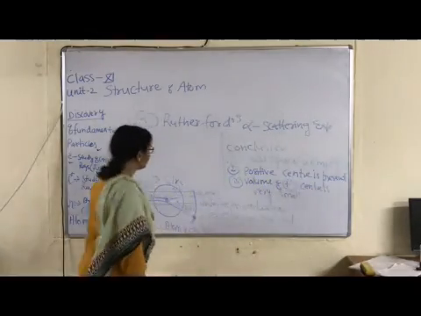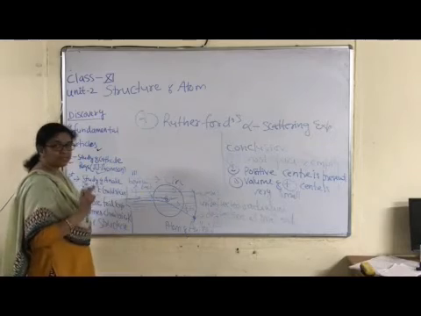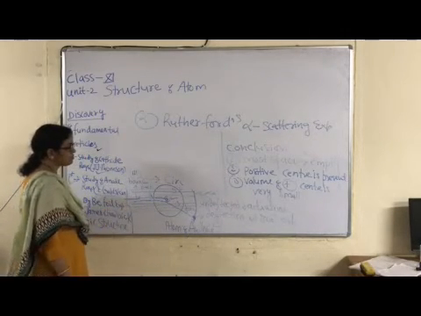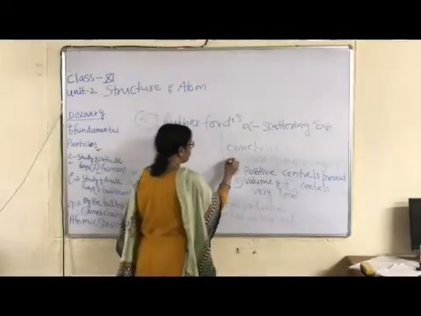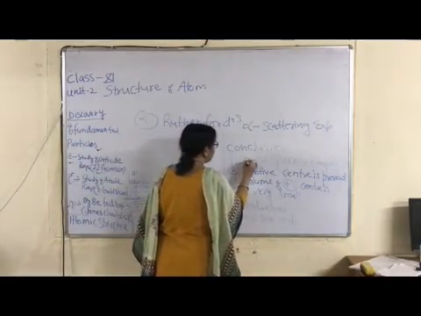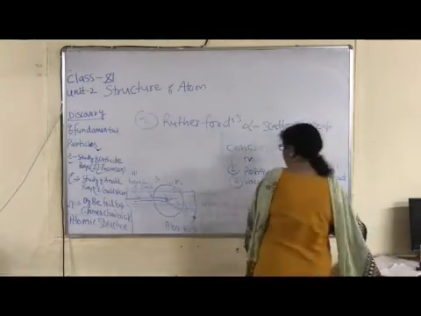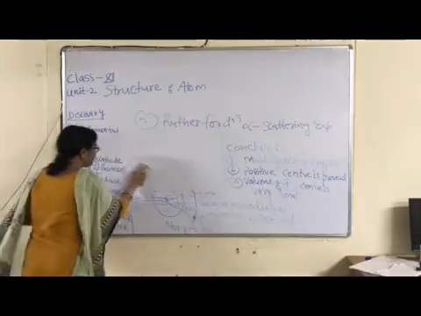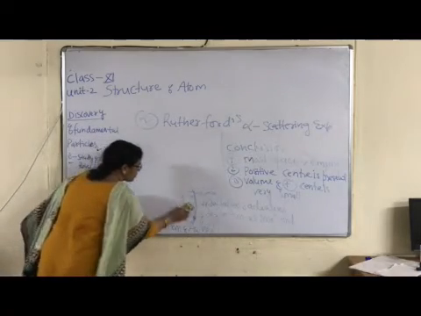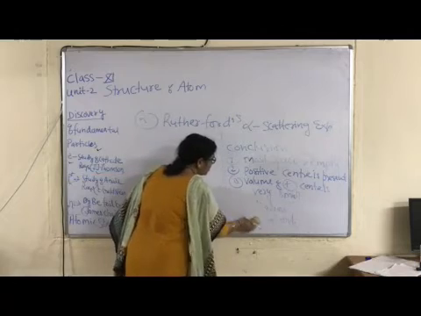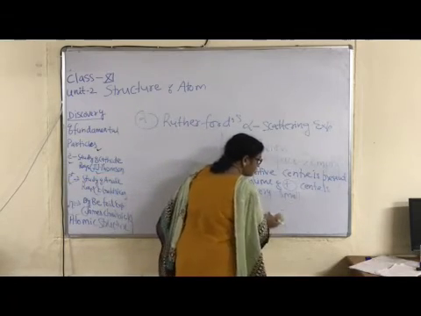Okay, children? So, on the basis of the alpha scattering experiment, the three observations and three conclusions, from each conclusion of each observation, Rutherford's atomic structure is given in this manner. Atom consists of two parts. First part is the nucleus.